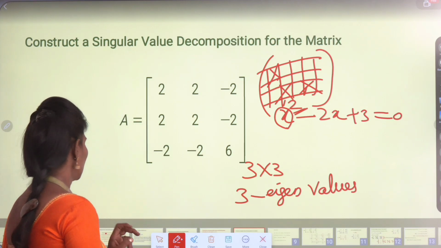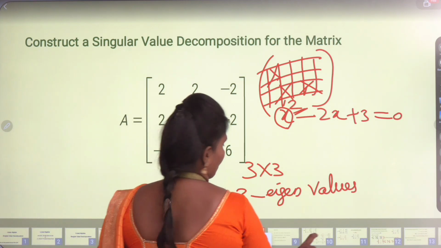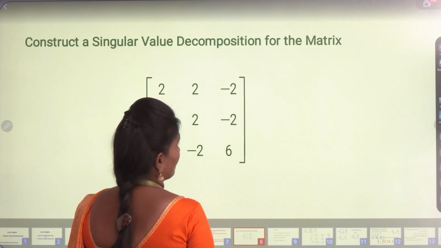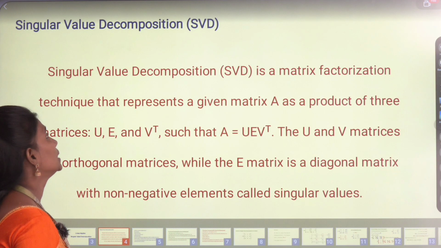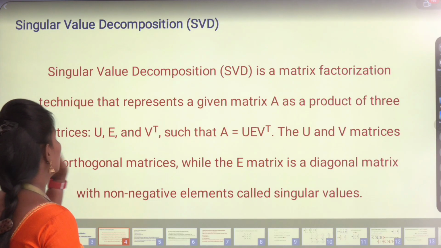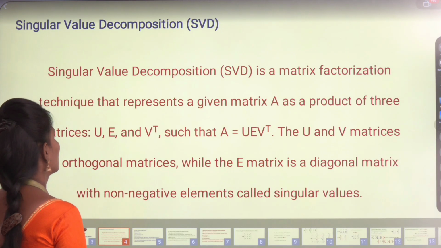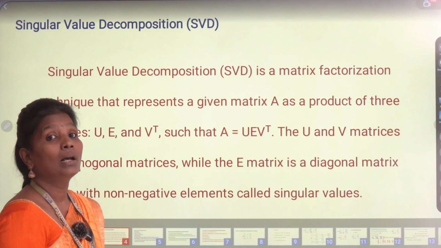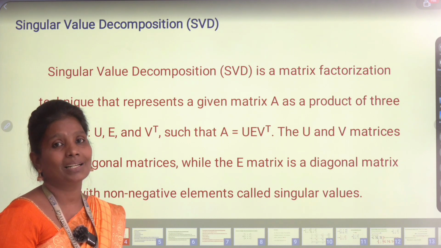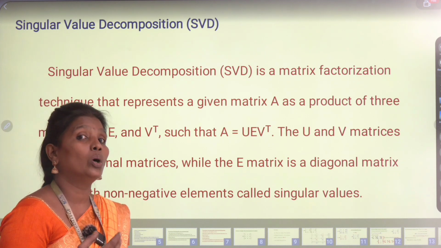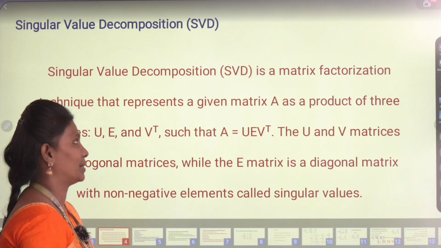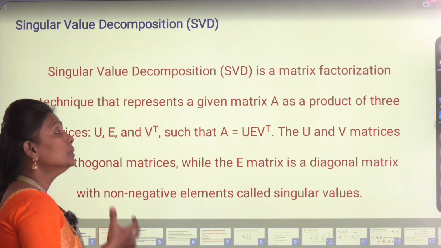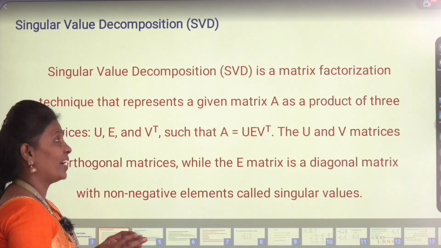See here. So listen, what is singular value decomposition? Singular value decomposition, SVD, is a matrix factorization. Because it's a singular matrix, we don't use direct methods like Gauss elimination or Gauss Jordan. That's why we use only matrix factorization here.